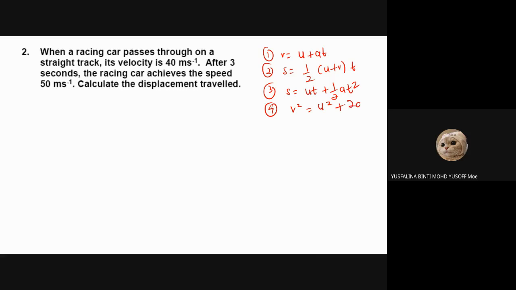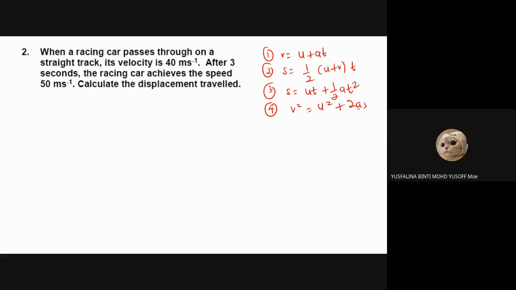Okay, number 2. I will put the question here. This is the first equation, second equation, and then third equation. And then another one, the fourth equation is u square plus 2as.